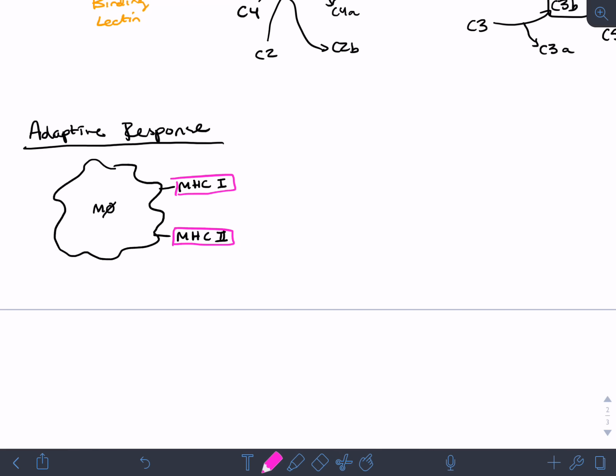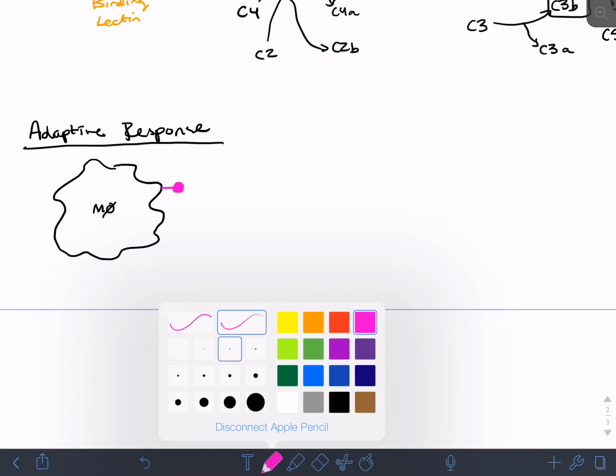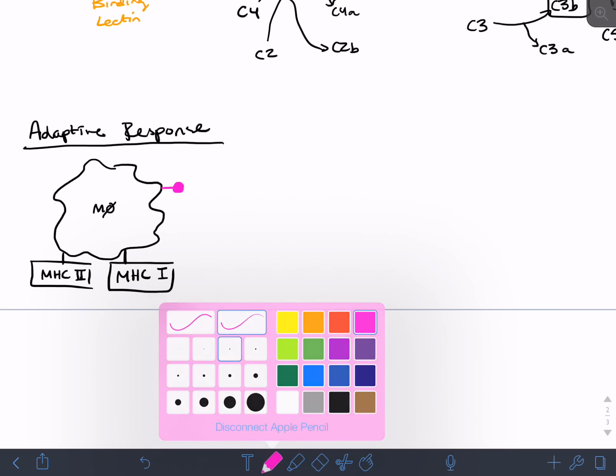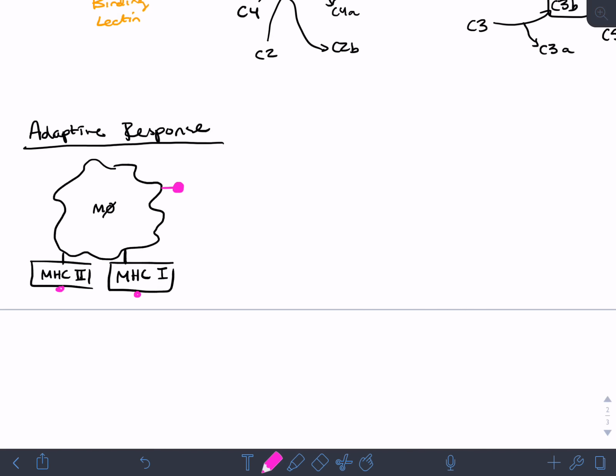And now not only are they going to present these antigens on MHC1 and MHC2, but they're also going to present antigens on their own membrane, okay? So let's draw the MHC1 and MHC2 facing down. Okay, so you have these, and these have the antigens on them. But you're also going to have antigen just on the membrane wall itself.